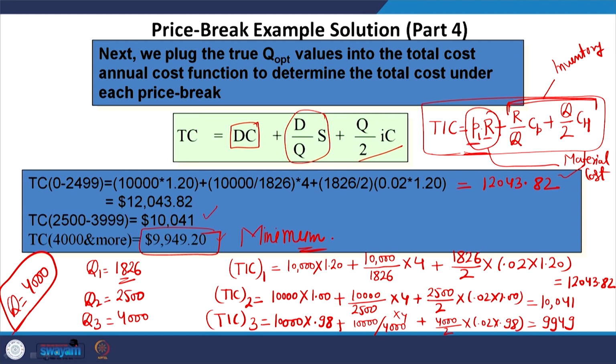By combining material cost and inventory cost, we have come up with a situation where we take the advantage of both, and as a result 4,000 becomes my order quantity. So, this is a very practical situation. Many times you will see these things.